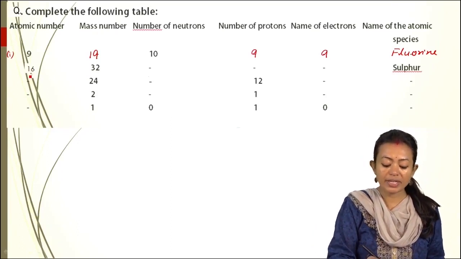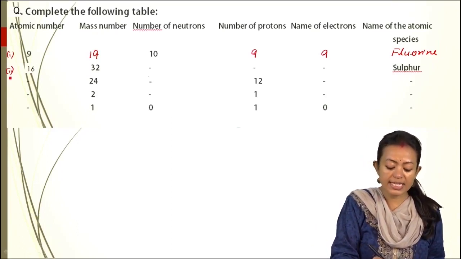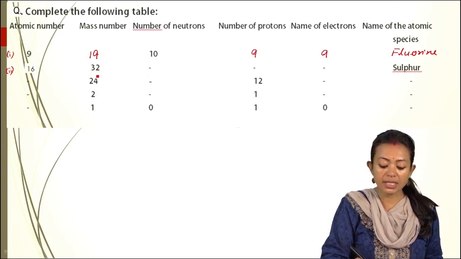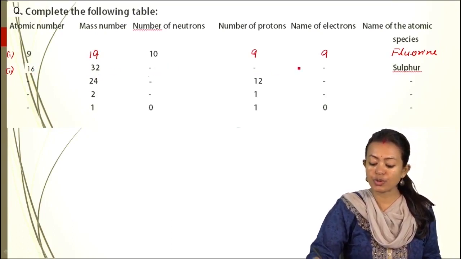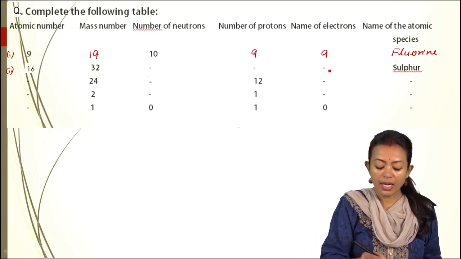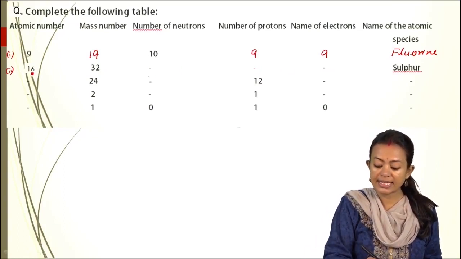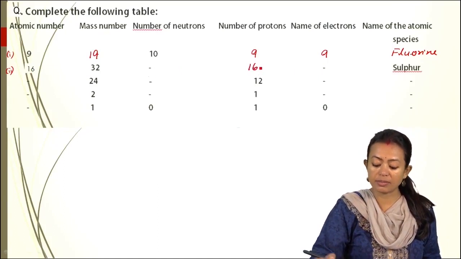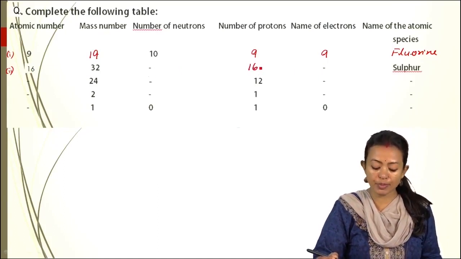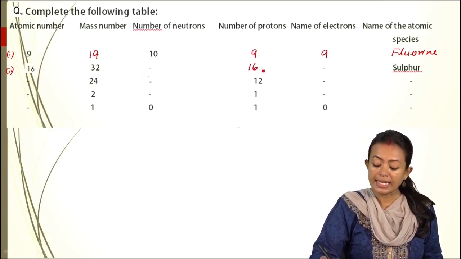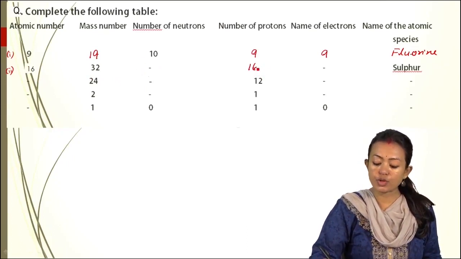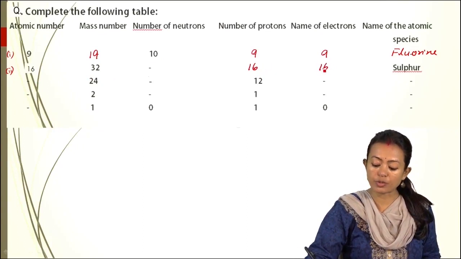Next, the atomic number is given to be 16, mass number 32, and we need to find out the number of neutrons, protons, and electrons. Now, if atomic number is 16, then the number of protons will also be 16 because the atomic number is equal to the number of protons. Then, in a neutral atom, the number of protons and electrons are the same, so this is also going to be 16.